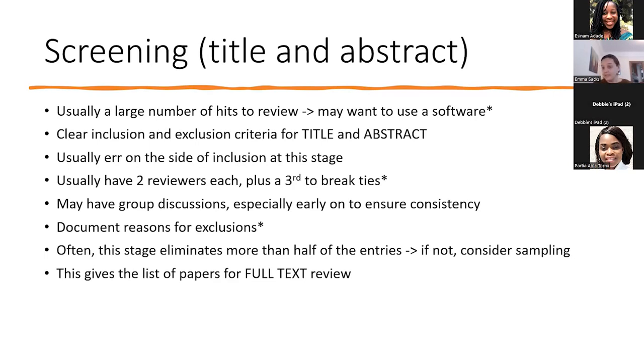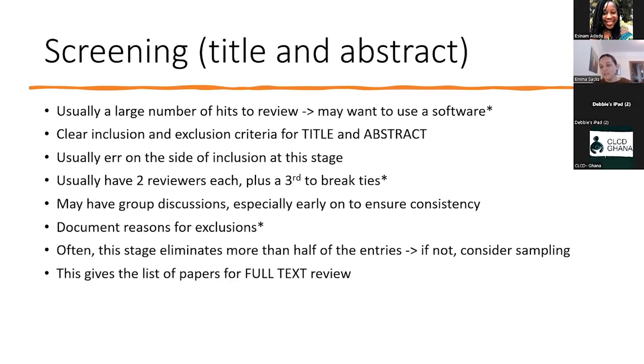Often this stage eliminates a huge number and you're left with a manageable number to do your full text review. If not, it's possible to use sampling. You're unlikely to come across this. In all the reviews I've done, we've only done this once. But we had, I think, 500 or 600 papers, even once we had done the screening, and it wasn't possible for us to read and extract data from 600 papers.